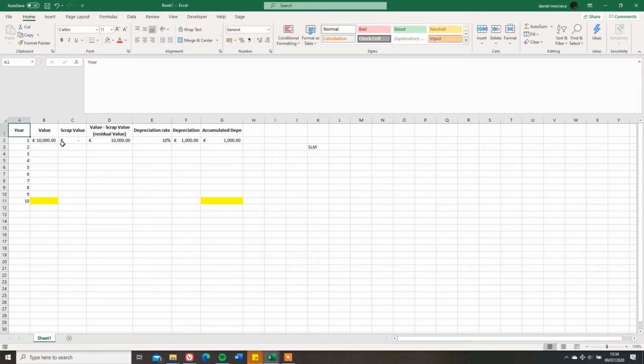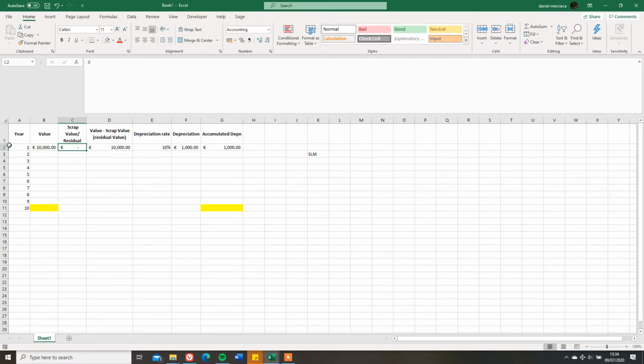So I have already included some headers, which I will be discussing as we go along. So let's say we have an asset which is valued at 10,000 with a nil scrap value or residual value. So scrap value would be the value of the asset once it is fully depreciated and you're going to sell it.